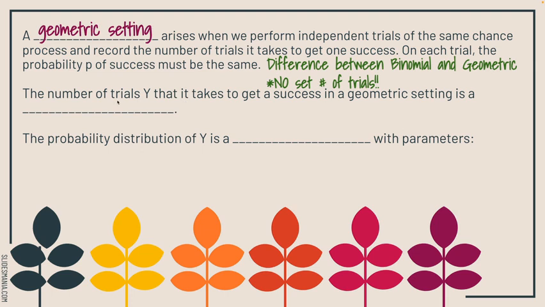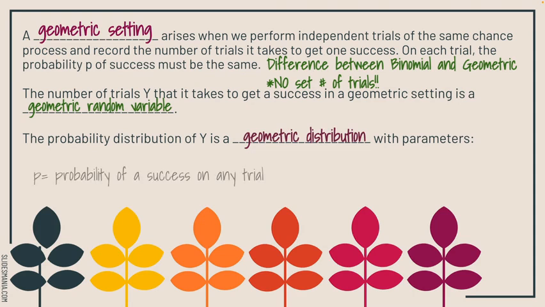The number of trials y that it takes to get a success in a geometric setting is a random variable. So we're calling this random variable y. So instead of saying x, it's y, which on the formula chart, it actually still has as x. The probability distribution of y is a geometric distribution with the parameter p, the probability of success on any trial.